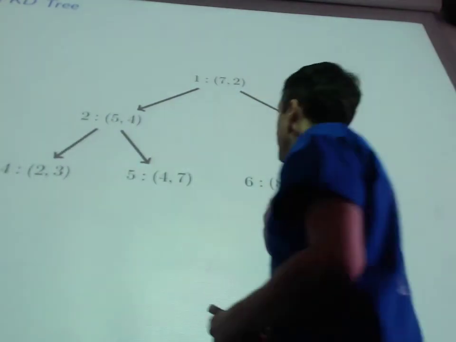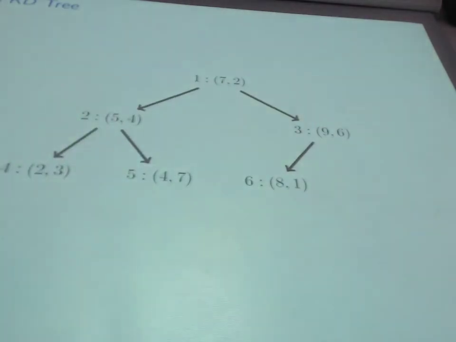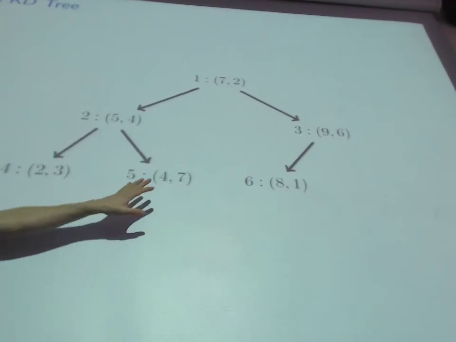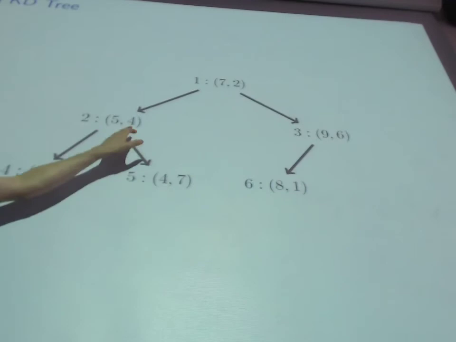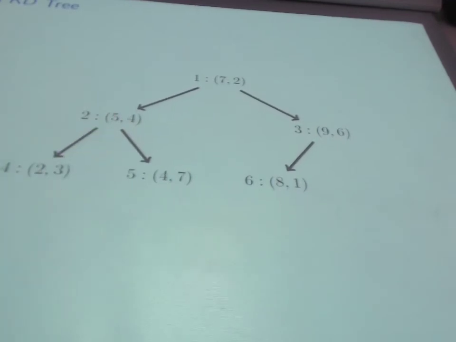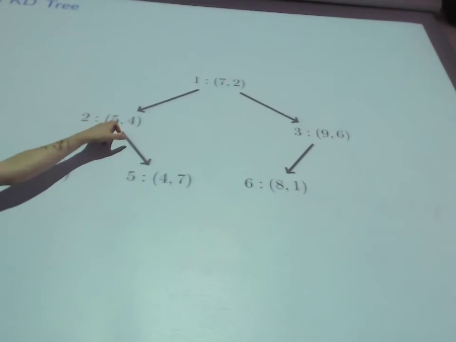If on the other hand we'd had a query that ended up, say, here, we do the same thing: we calculate the delta square for that, we go up to here, and then we calculate the distance for this one, which is another candidate.